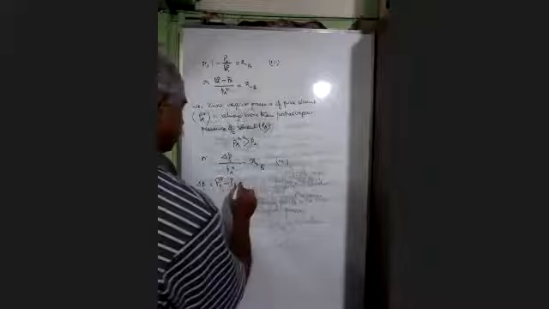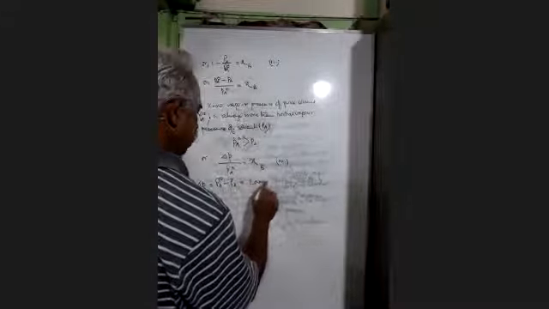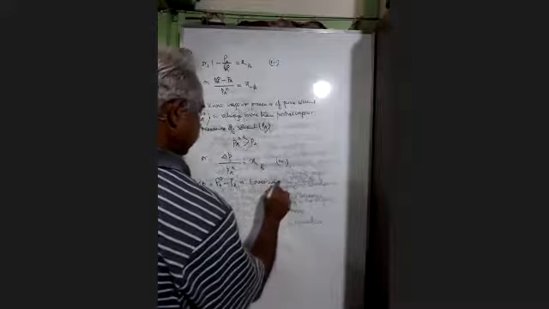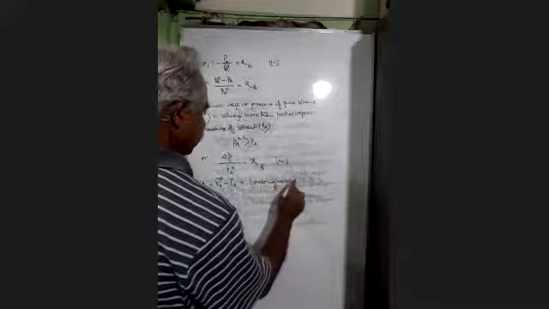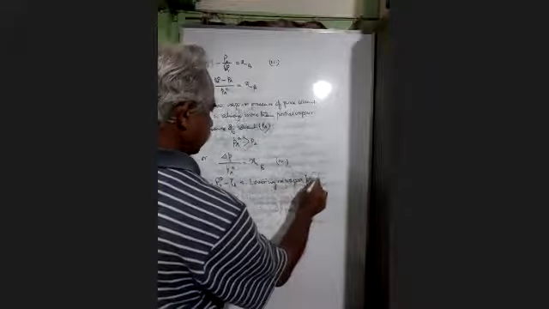Delta P is equal to PA0 minus PA. What should we call it? We call it lowering in vapor pressure.